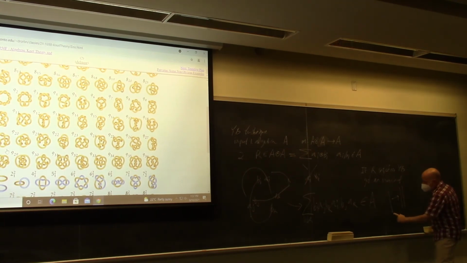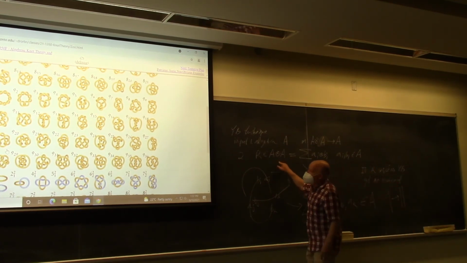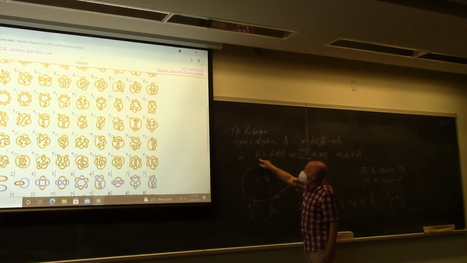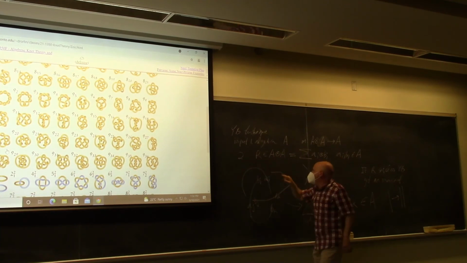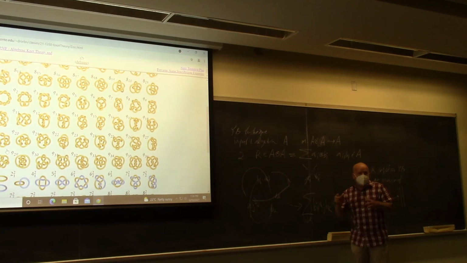It turns out that the good behavior under this operation means that the algebra needs to be a so-called Hopf algebra. So what are Hopf algebras? How do you find Hopf algebras inside which there are R elements which satisfy the Yang-Baxter equations? Well, you get them from quantum groups, but we will have to talk about that.